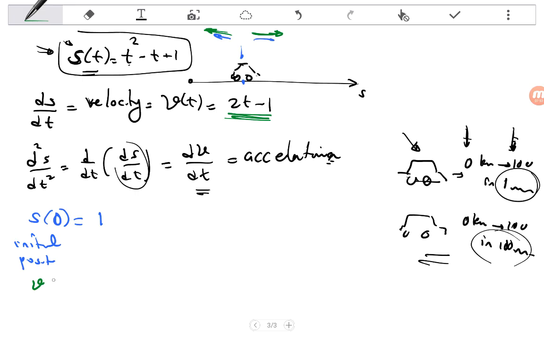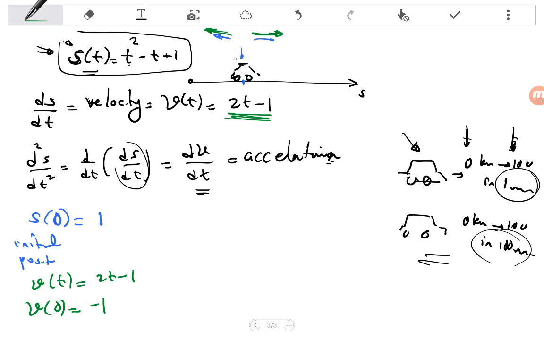So at time 0, the velocity v(t) is 2t minus 1. What will be the velocity at time 0? It is negative 1. What does that mean? The position is decreasing.